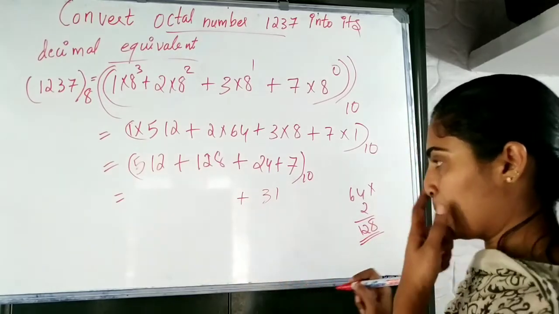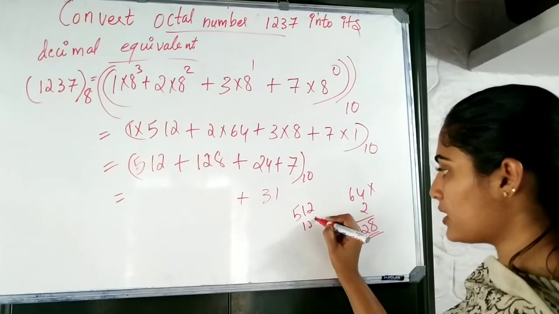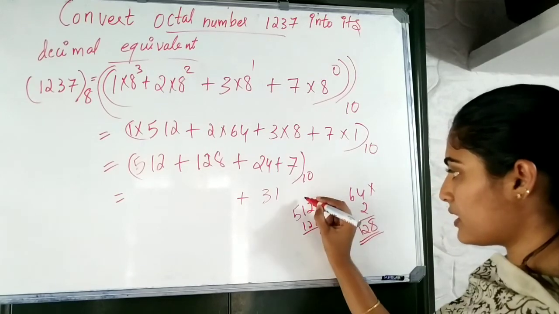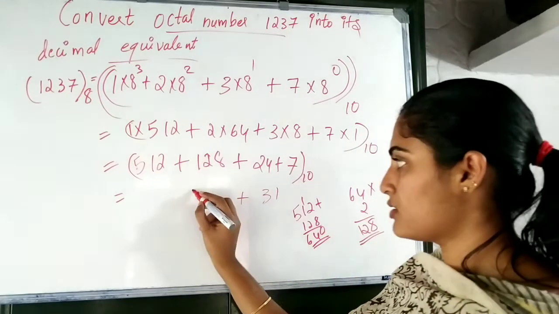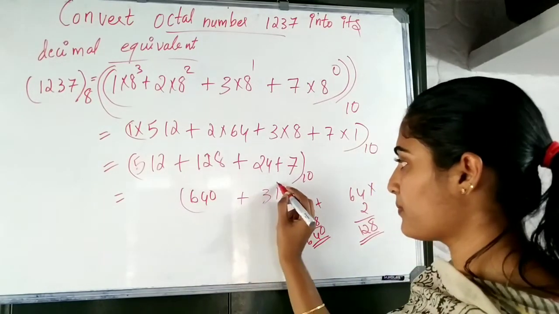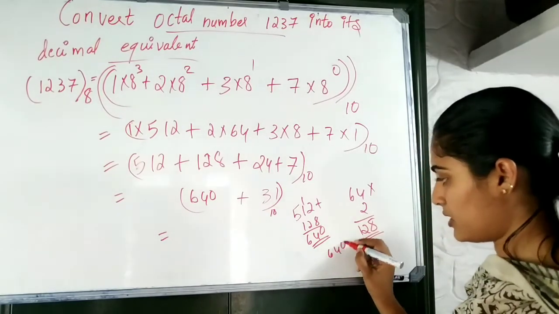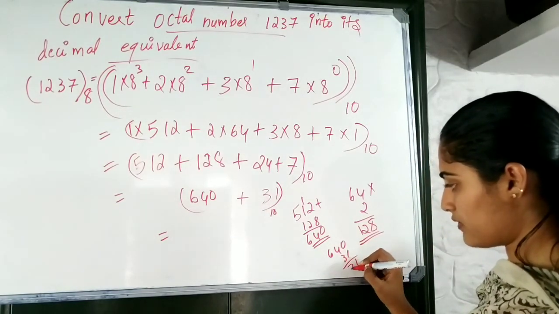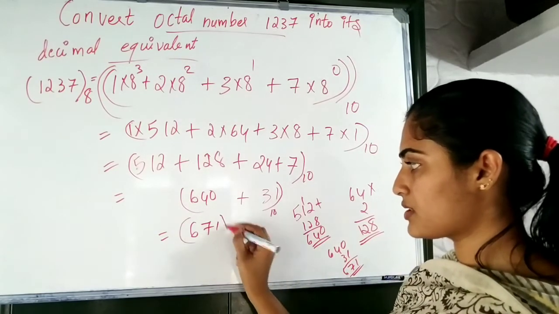512 plus 128 is 640. 640 plus 31 is 671 subscript 10.